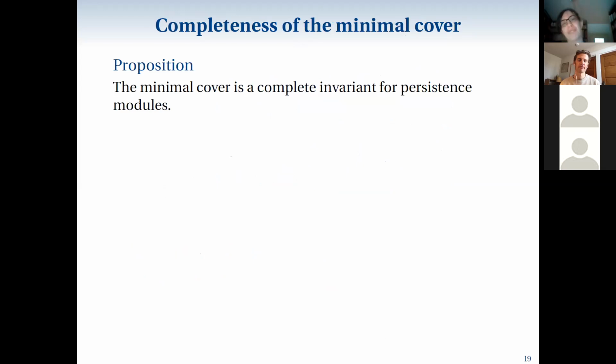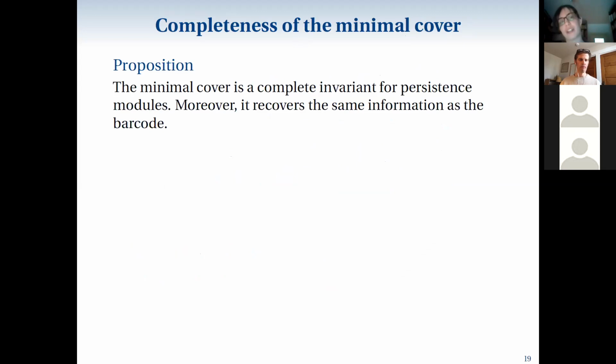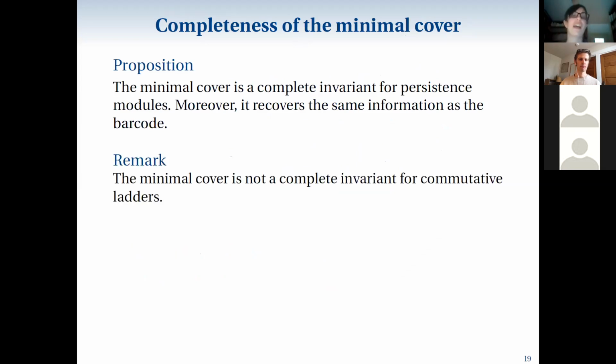So let me summarize some properties of the minimal cover. When we are working with persistence modules, the minimal cover is a complete invariant, and is actually recovering the same information as the barcode. So there is a perfect matching between what we already had. It's nice. The minimal cover, unfortunately, is not a complete invariant for commutative ladders.